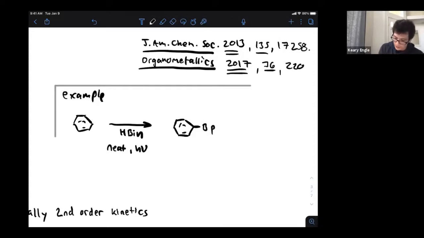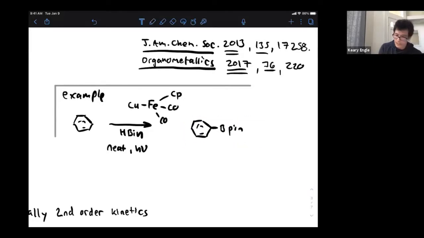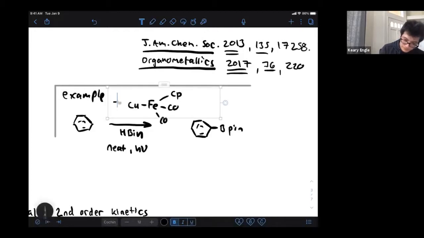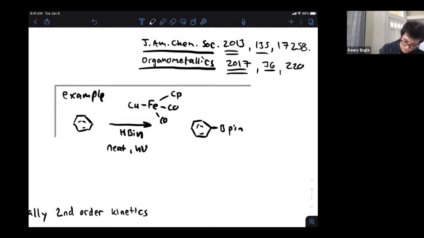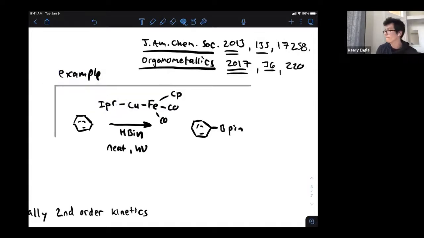But the cool thing is that by using a heterobimetallic catalyst in this case, containing a copper iron bond with a NHC ligand, and the ligand here is IPr, which is just, and we'll cover this later, so if this is confusing, don't worry.